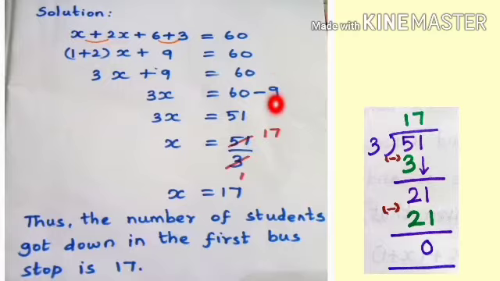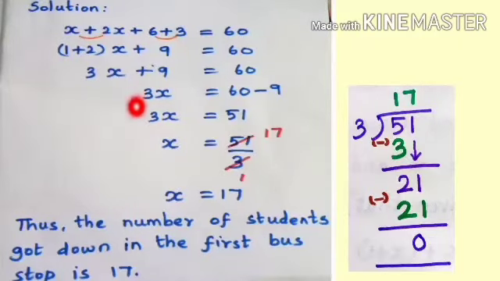Now again by using the transposition method we have to solve for x. What is the transposition method? Isolating the variable by reversing the mathematical operation as the number is transferred to the other side of the equal to sign.